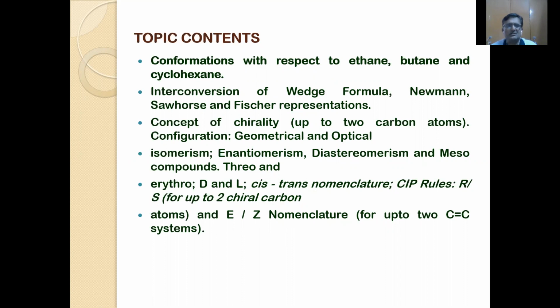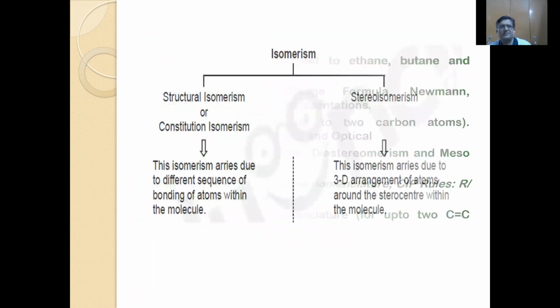Already I have shown the concept of chirality and configuration, that is geometrical and optical isomerism, enantiomerism, diastereoisomerism, and meso compounds, threo and erythro, D and L, cis-trans nomenclature system, and the E-Z nomenclature system. All this comes under that particular topic.